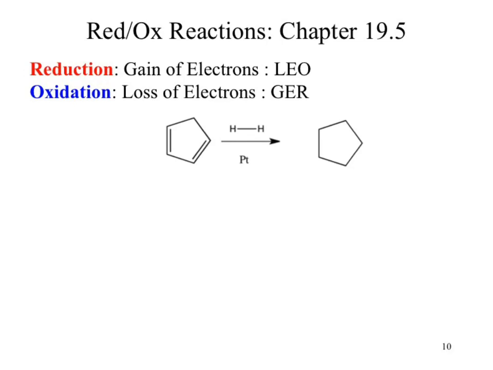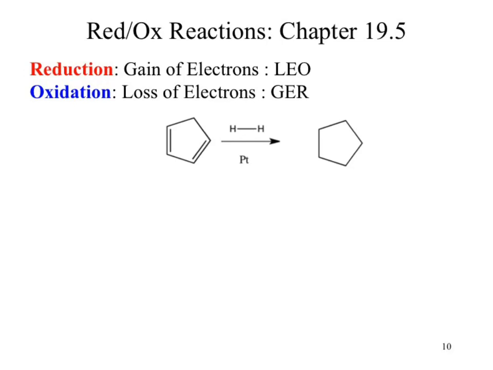What is the oxidation state for hydrogen in most compounds? +1. We went from a 0 to +1, which means the hydrogen was oxidized because it lost electrons. This is where it gets weird.